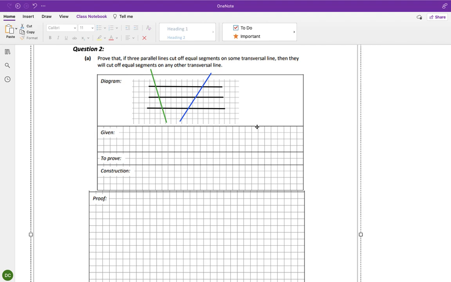Okay, so that's A. That's B. And that's C. And then over here we have D, E, and F.